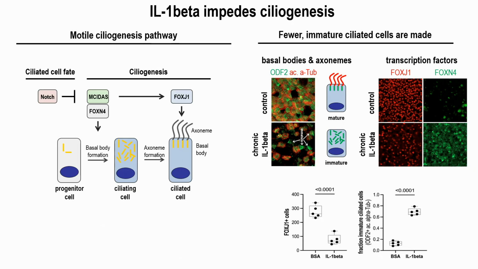We also quantified this with FOXJ1 positive cells. We see a reduction in chronic IL-1 beta treatment, and we see an increase in the fraction of immature ciliated cells, which are these ODF2 positive cells and acetylated alpha tubulin, which is an axonemal marker that we see here in red.